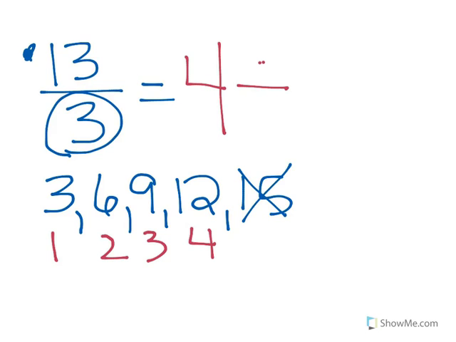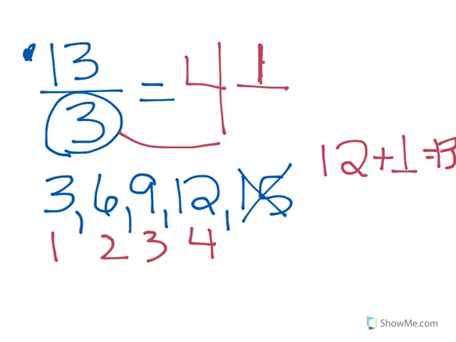If we left off on 12 and we want to get to 13, well, 12 plus what gives me 13? Yep, 12 plus 1 gives me 13. And then my 3 just simply slides over. And 13 thirds is the same as 4 1/3.